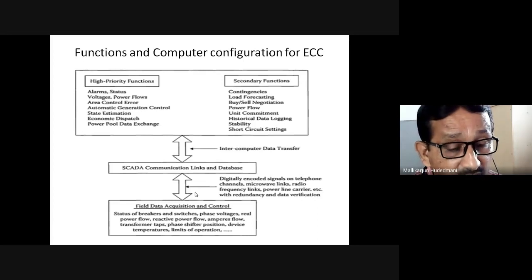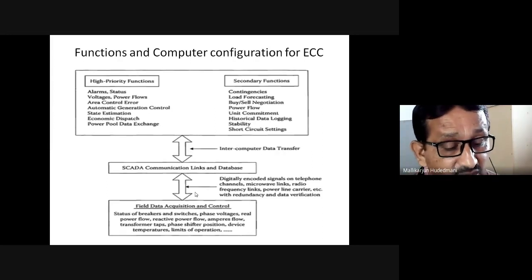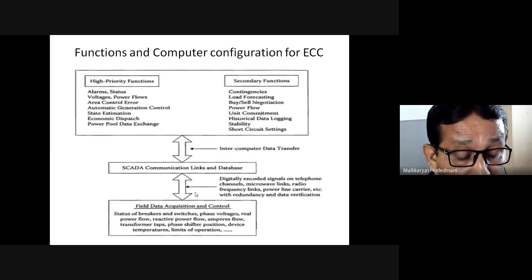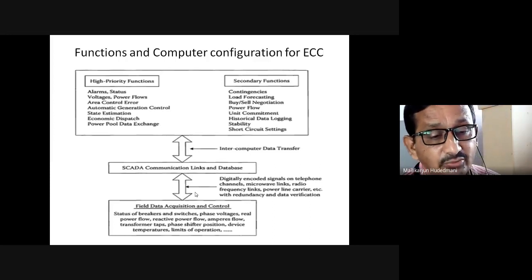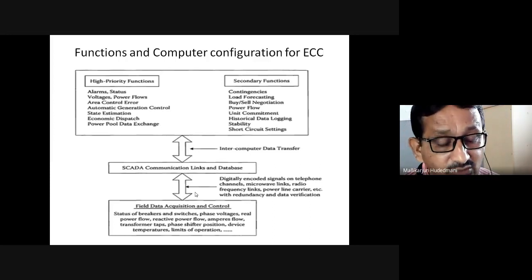So each master terminal unit configured at the communication setup of an energy control center gets connected to a number of RTUs. Each RTU is one locality, a generating locality, a grid, or a load center.